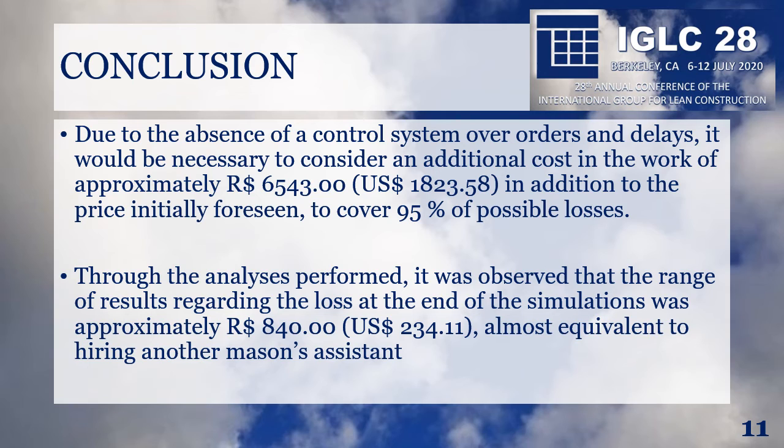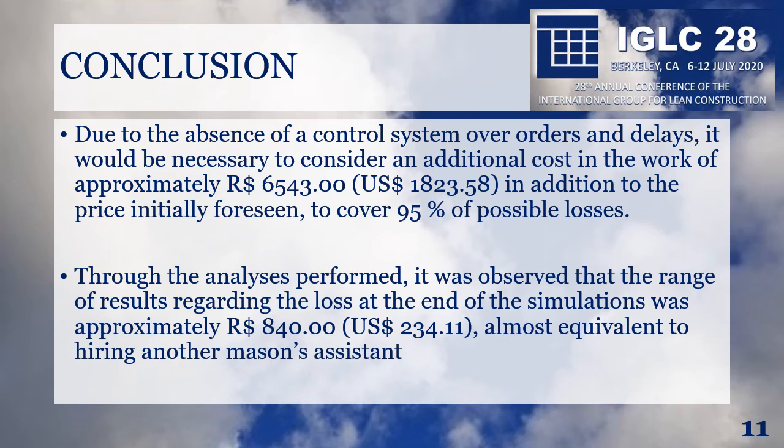Due to the absence of a control system over orders and delays, it would be necessary to consider an additional cost in the work of approximately $6,543 or $1,823, in addition to the price initially foreseen, to cover 95% of possible losses.